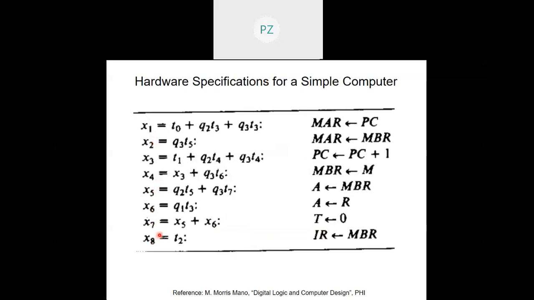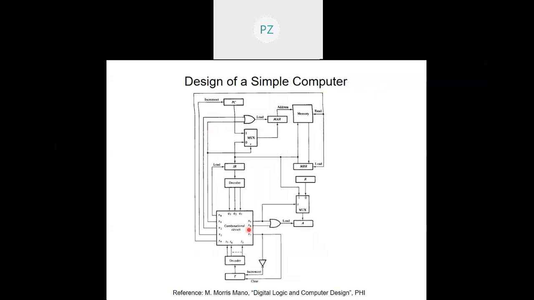And where are Q3 Q2 Q1 coming from? The decoder at the output of IR, right? So it accepts these inputs and generates these outputs.